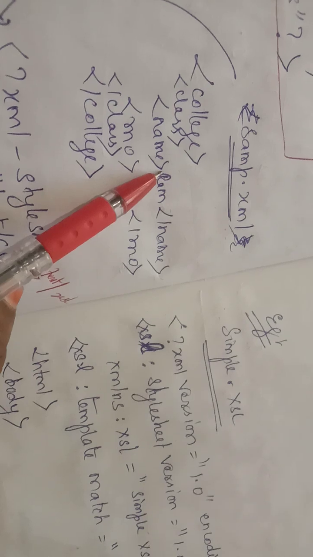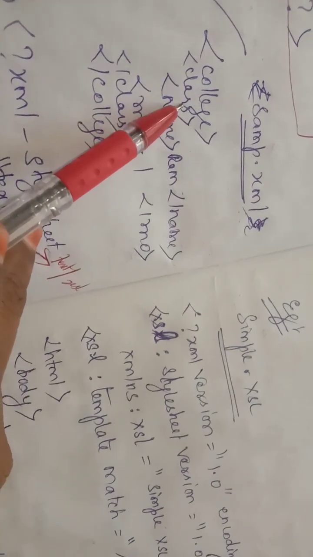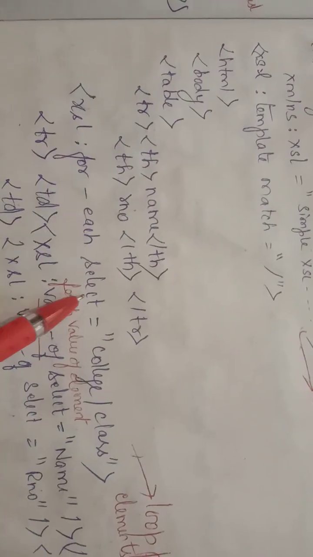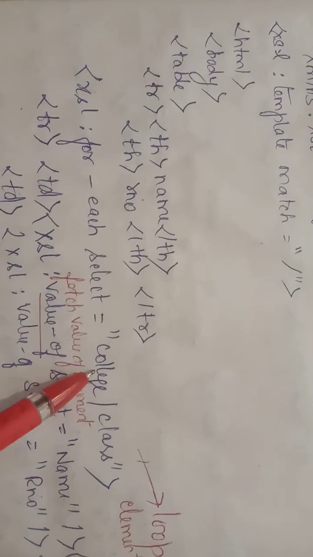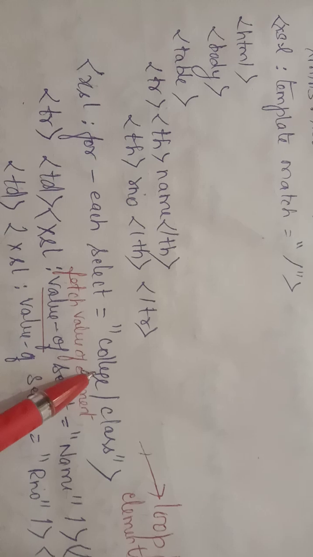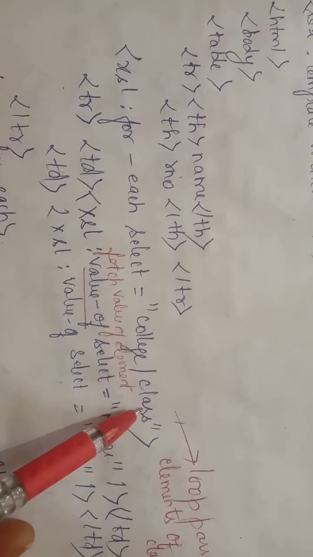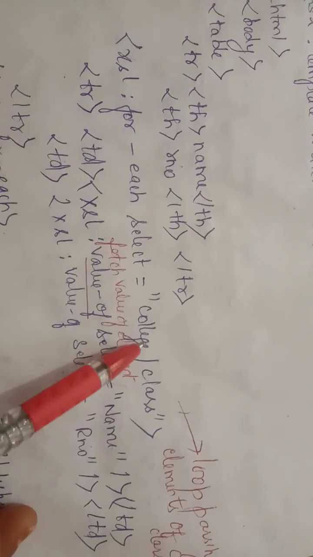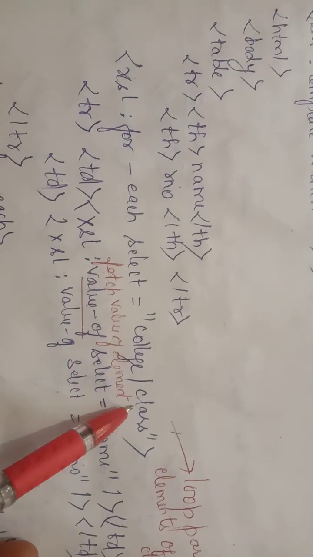So you have to specify the root element name and also the child name. So for-each select equal to, within double quotes, you write the root name, that is the parent tag name, then the child tag name, since inside it you are going to fetch the data.